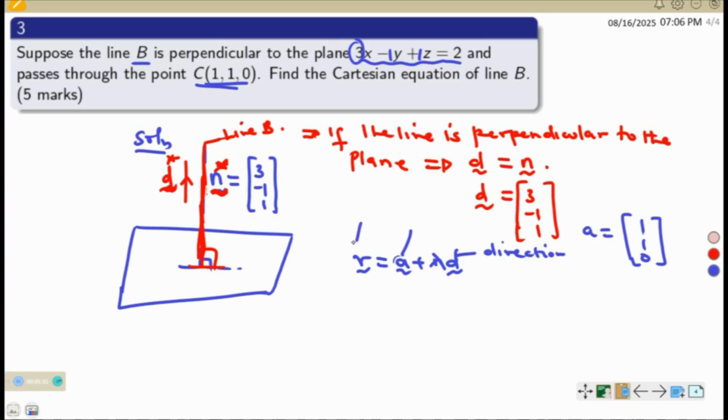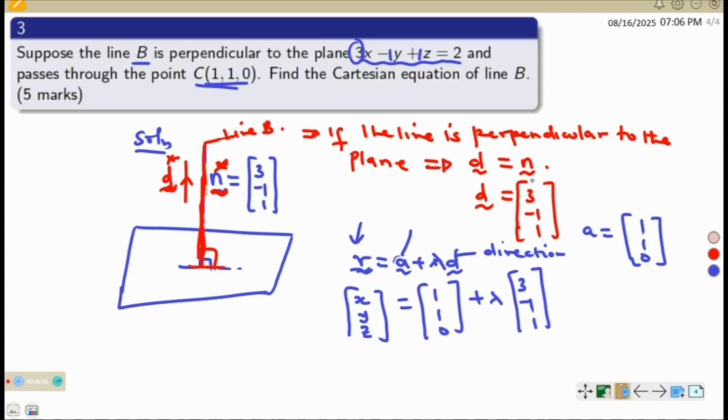So for that case, as we all know, that R here is representing the general point on the line. So it means if we try to put that, the general point as X, Y, and Z, then we shall have our A. A is a point on the line, which point on the line is 1, 1, 0. Then plus lambda D. D is what we call 3, negative 1 and 1. As we said, this D and N are actually the same.